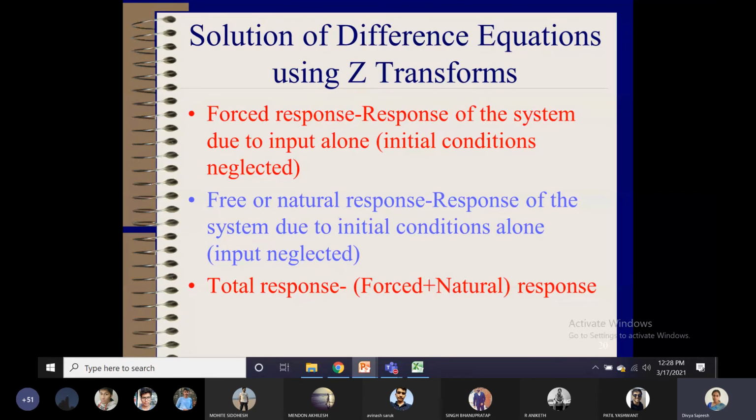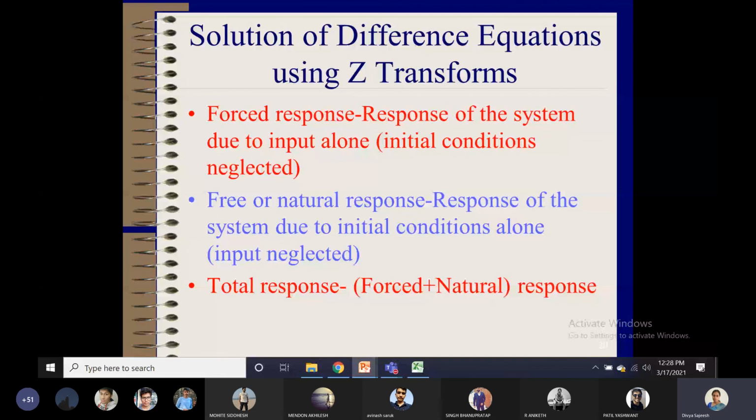Okay, in the Laplace, while we did earlier, there automatically we are inserting the initial conditions and obtaining the total response. Here the method adopted is obtaining the response of the system individually, that for the input alone, neglecting the initial conditions. Then second case is neglecting the input and considering only the stored energy in the system, obtaining the natural response.